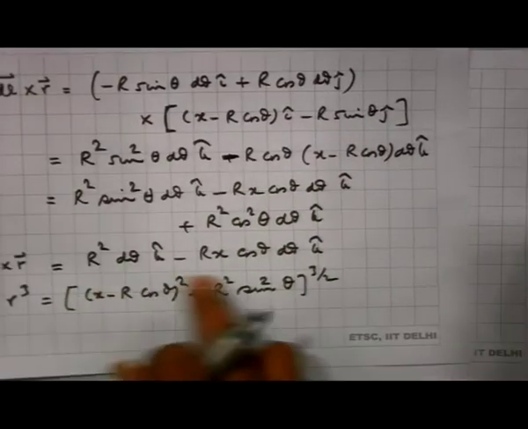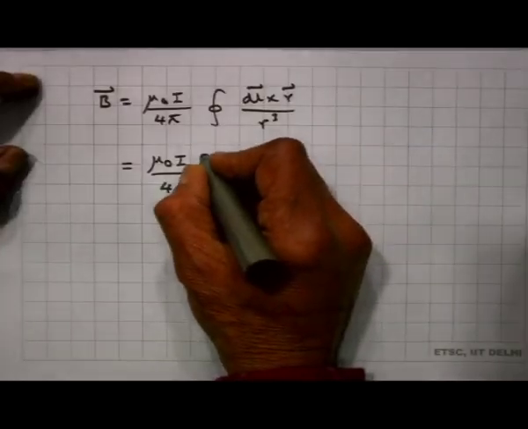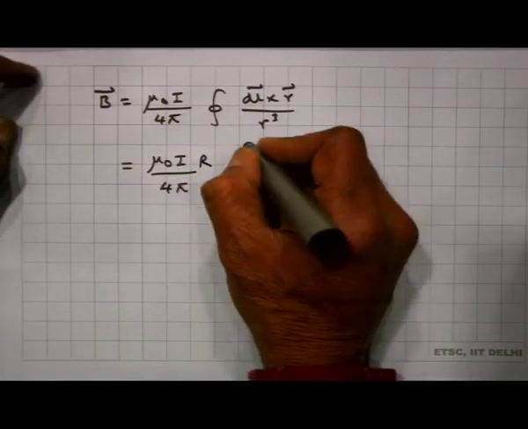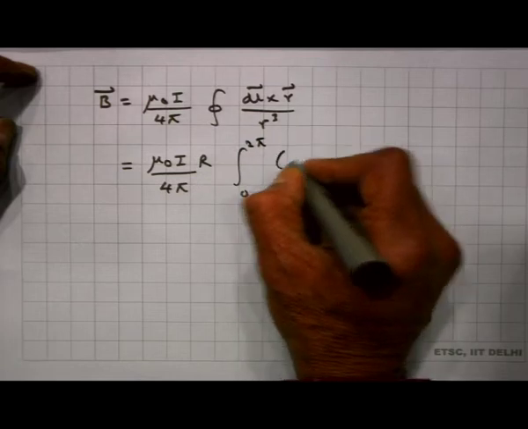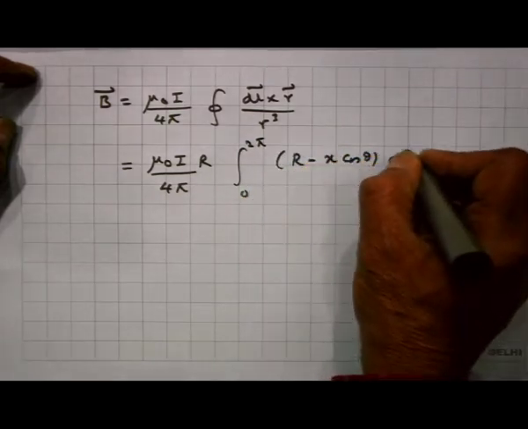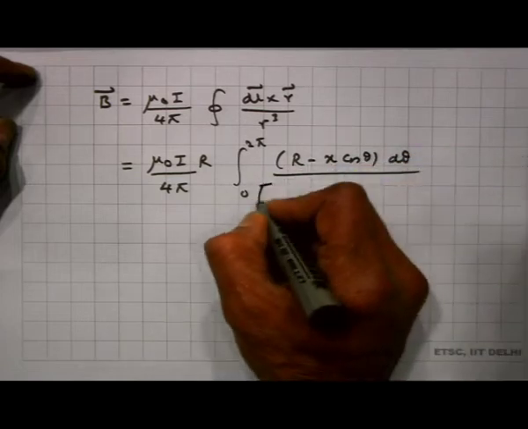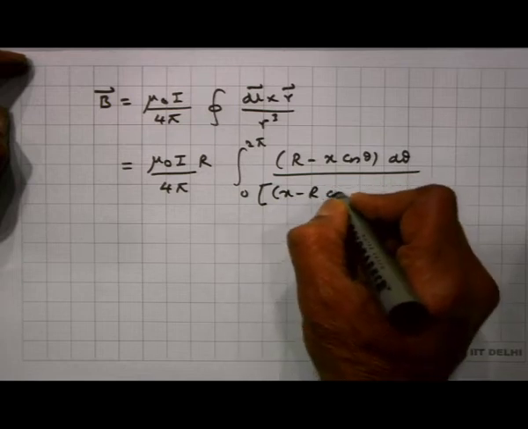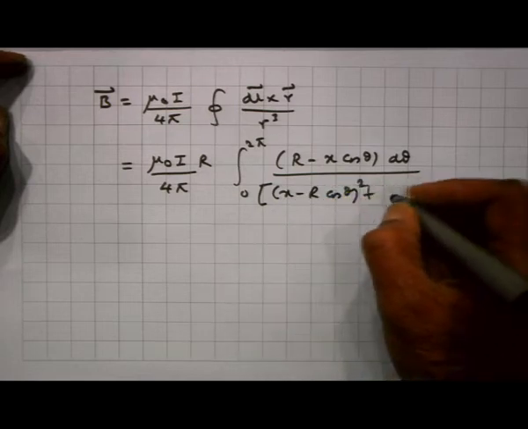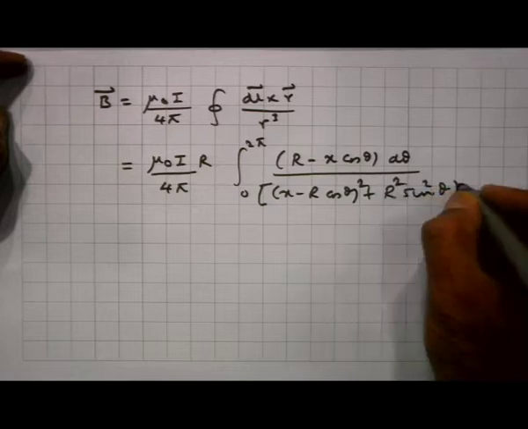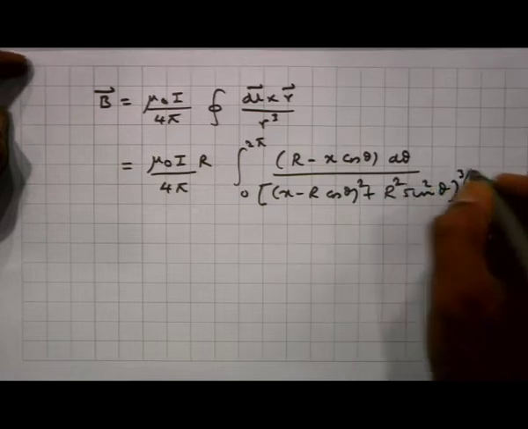Now in dl cross r, I can take out one r common. So, I get r, integral 0 to 2 pi, (r minus x cos theta) d theta divided by ((x minus r cos theta) whole square plus r square sin square theta) raised to power 3 by 2, and there is a k cap.